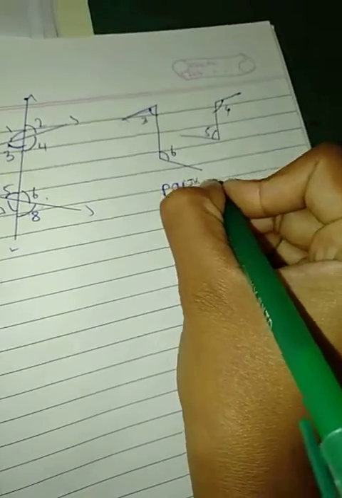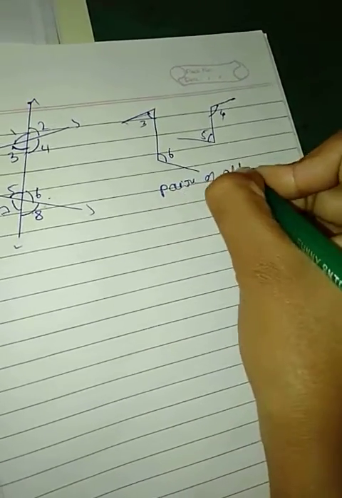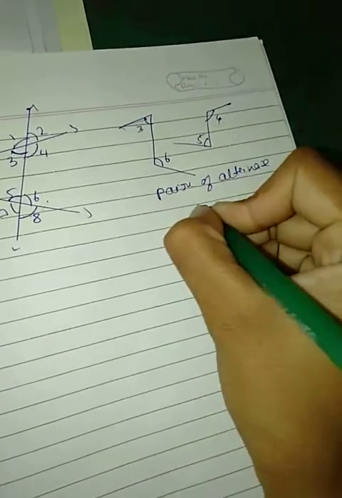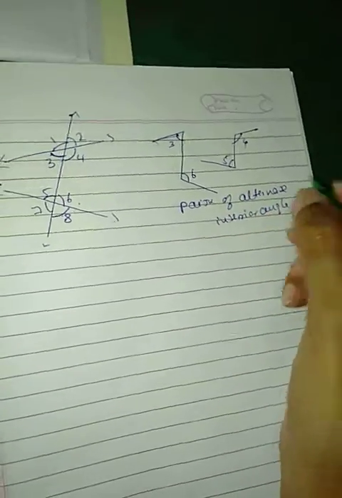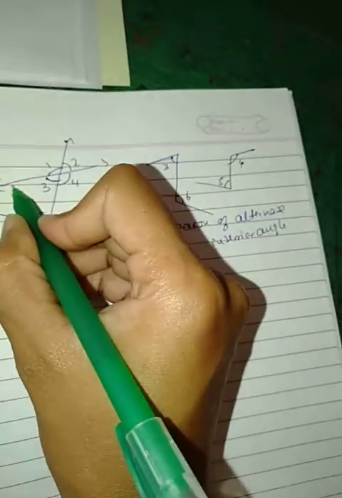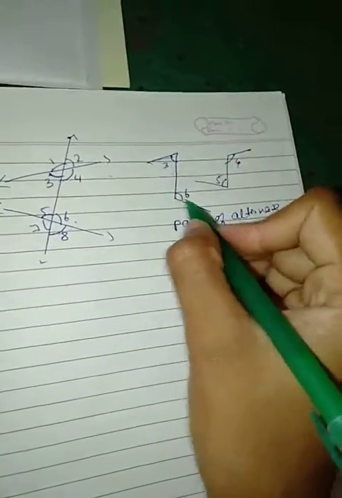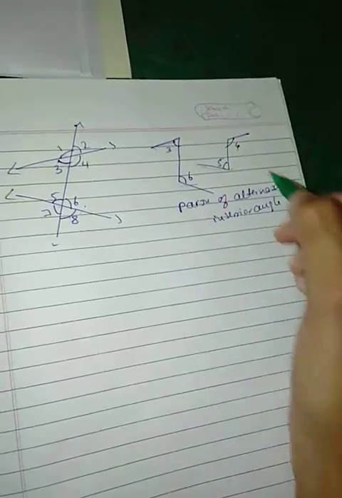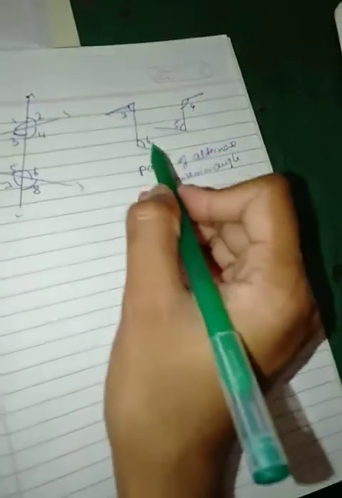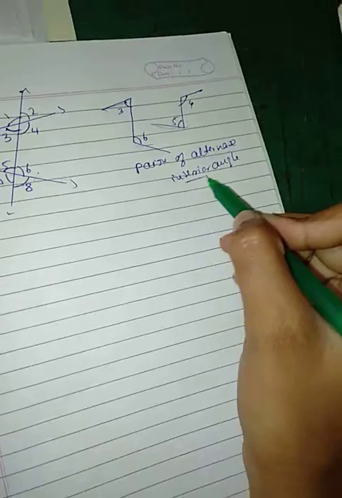Remember that, pairs of alternate interior angles. Okay, see this one, the figure, this can be written like this, and this is written like this. So this 3 and 6 are called alternate angles.